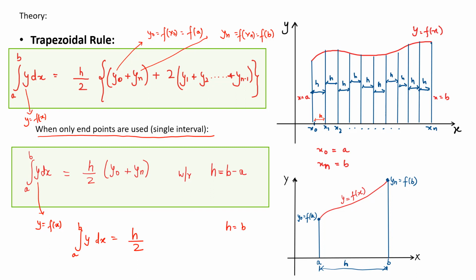So h is b minus a, times y naught plus yn, where y naught is the value of the function at the start of the limit and yn is the value of the function at the end of the limit. This just calculates the trapezoidal area inside this curve, and this area approximates the area of this function.